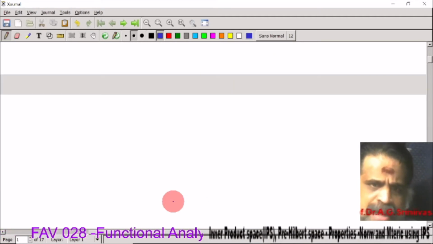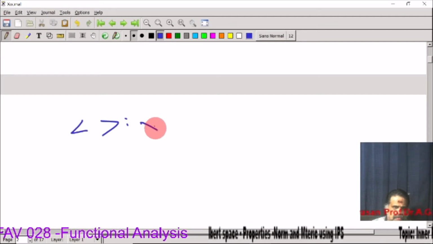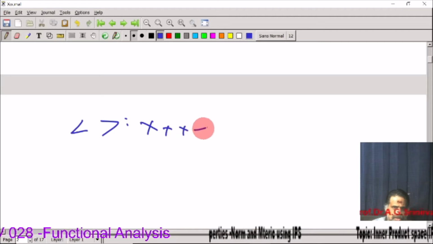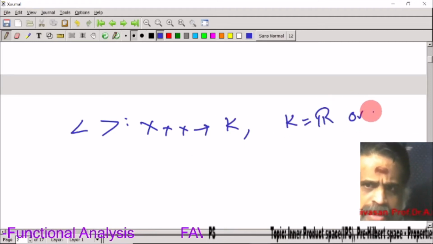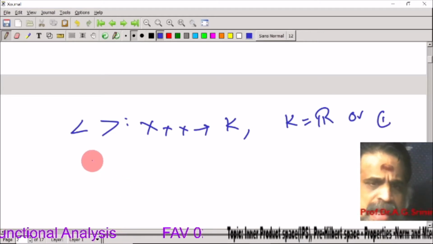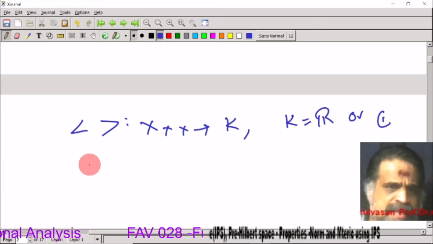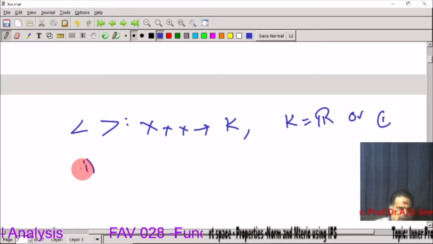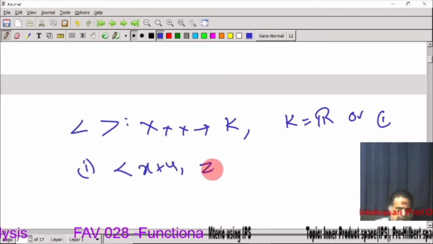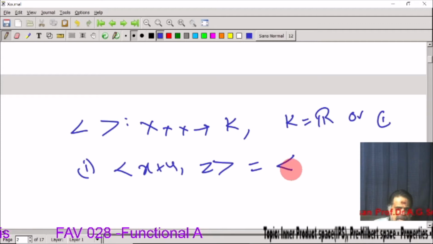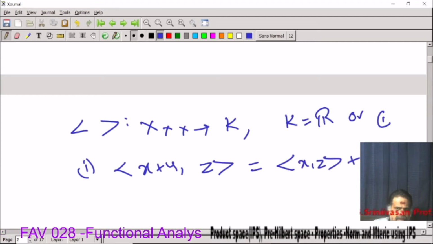That's the first point. Now, I'm just saying the word inner product, but inner product is not a term, it's a set of axioms. So if this is a symbol for the inner product, from X cross X to K, where K is R or C, then it must satisfy the following conditions if you want to claim that this is an inner product. Number one, inner product of x plus y comma z is inner product xz plus inner product yz.